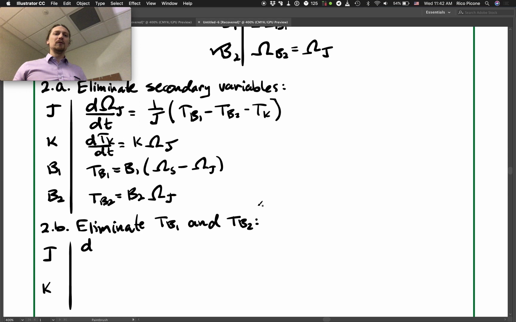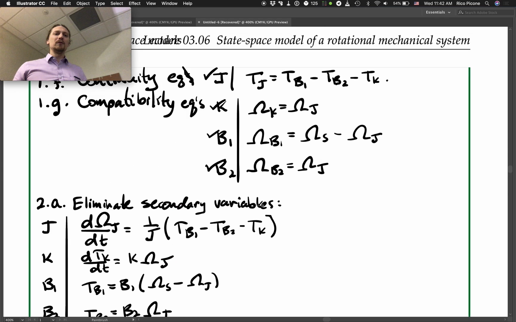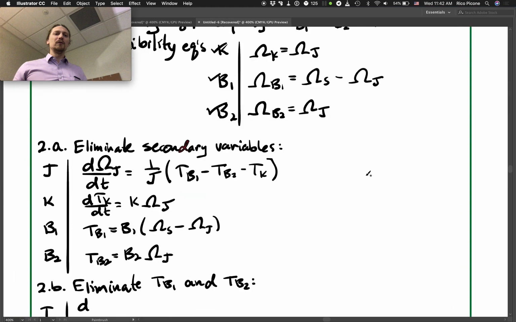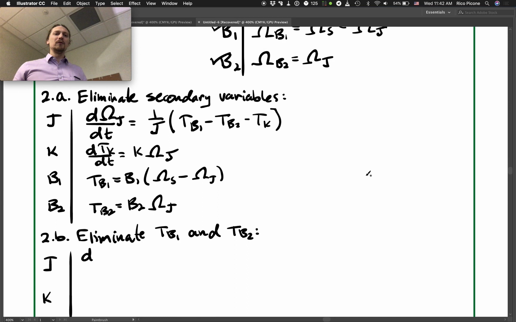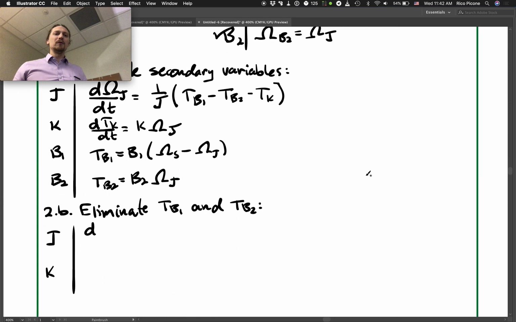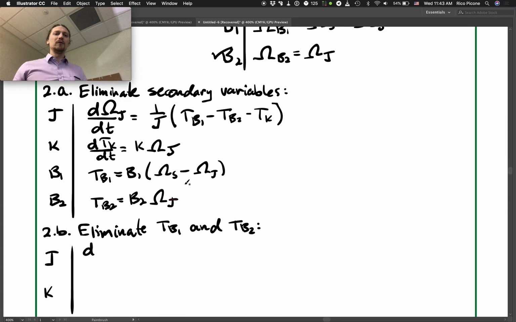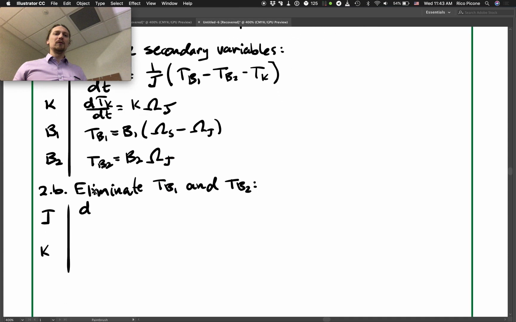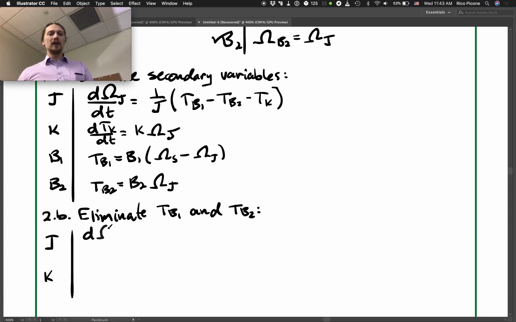Not if you start the solution process with your total of 8 equations and 8 unknowns and just start ad hoc stuffing stuff in. That doesn't go well most of the time. You go in circles. But once you get down to this point where you've eliminated all your secondary variables, often you can get away with ad hoc substitution to get rid of the rest of your variables. We only need to get rid of 2, and 2 substitutions is all we need here.